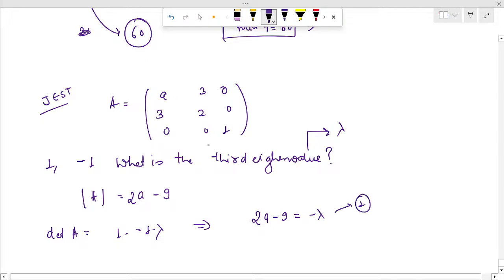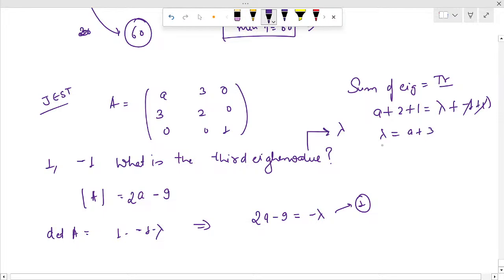Another thing that you can use from here is this. I know that a plus 2 plus 1 would be simply lambda plus minus 1 plus 1. So these two will be cancelled. Sum of the eigenvalues, lambda would remain, and the sum of the eigenvalues is equal to the trace. Remember, the sum of the eigenvalues is equal to the trace, and the trace is a plus 3, so lambda would be equal to a plus 3.